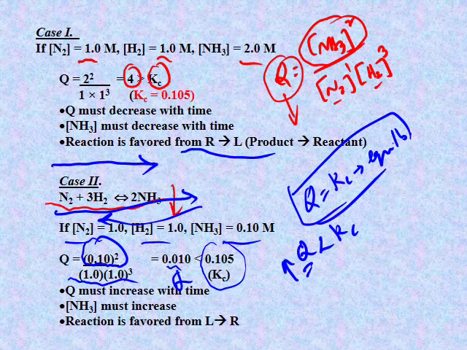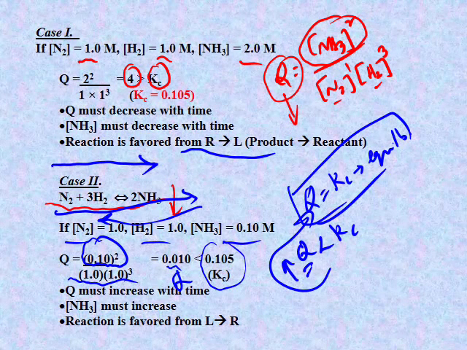Larger ammonia and a smaller amount of nitrogen and hydrogen would give a larger Q value. So Q value would keep on increasing with time until it reaches the value of Kc. So whenever Q is less than Kc, Q value has to go up and the reaction will be favored from left to the right.